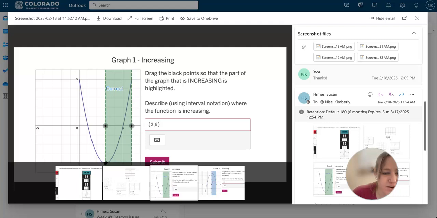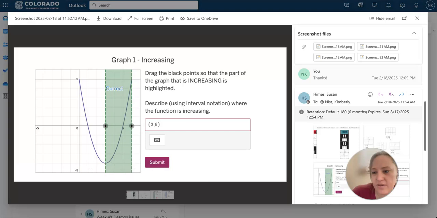Down here is your inflection point where your graph changes from decreasing to increasing. And so from this way to this way, that's decreasing. But from here, this exact point is your inflection point that changes your graph from decreasing to increasing. And so that's why this whole section is the correct answer, because that's the section where your function is increasing.